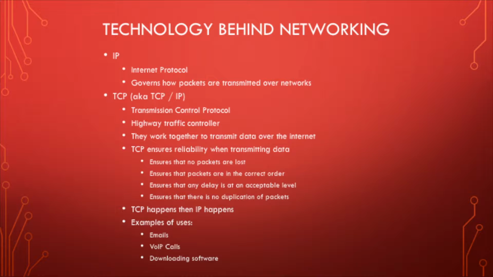It does this by ensuring that no packets are lost, that all packets are delivered in the correct order, that any delay in delivering the packets is at an acceptable level, and that there's no duplication of any packets. The transmission control protocol happens, and then the internet protocol happens. Examples of using TCP are email, VoIP calls, file transfers, and even downloading software.